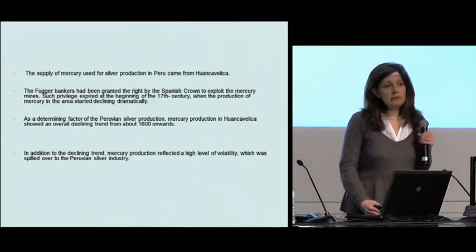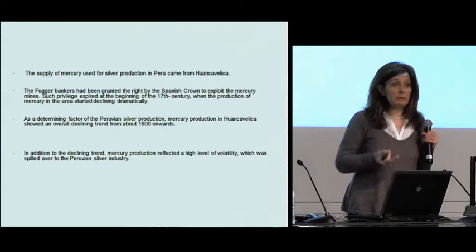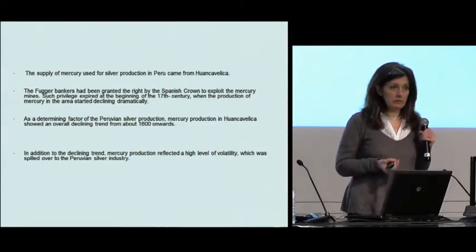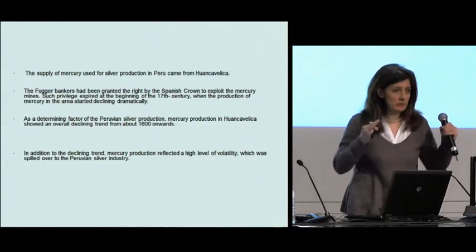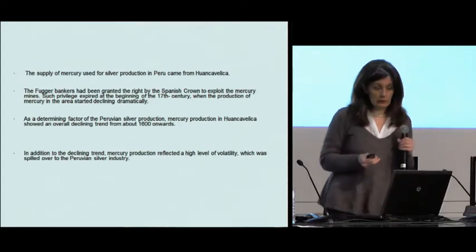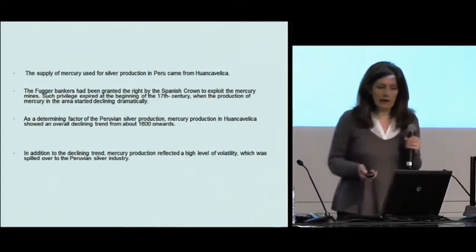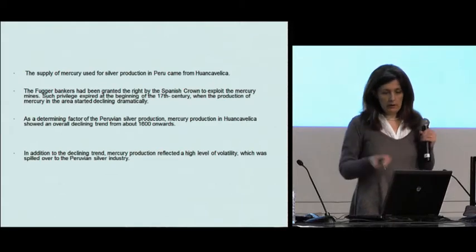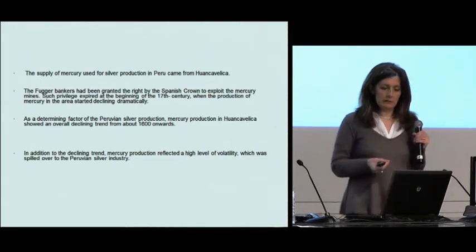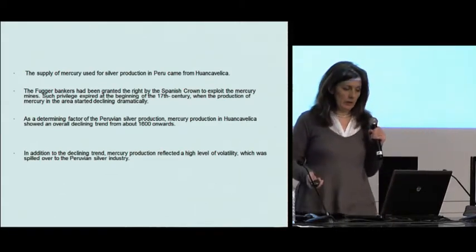We know that Potosí still remained a very productive mine throughout the colonial period, but it was just that superstar mine that produced a very, very high proportion of the overall silver production in Peru.